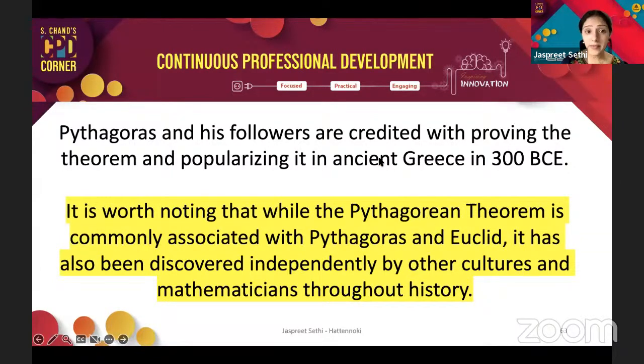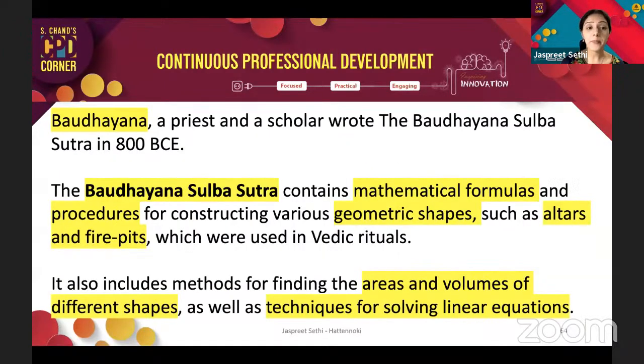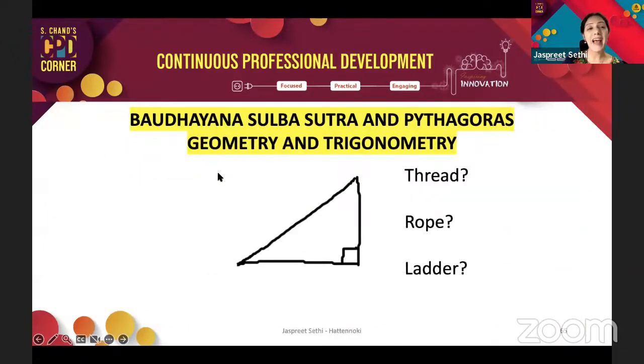But the credit for proving the theorem and popularizing it does go to Euclid and Pythagoras. So what's the theorem? Sometimes some of my teachers ask me, we sometimes just give out the theorem, can you tell us where it's coming from?